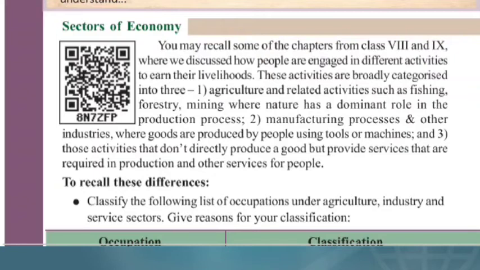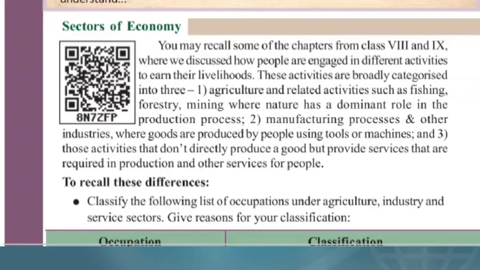These activities are broadly categorized into three sectors. What are those three sectors? You already learnt in 9th class. First one, primary sector. Second one, secondary sector, and third one is tertiary sector.